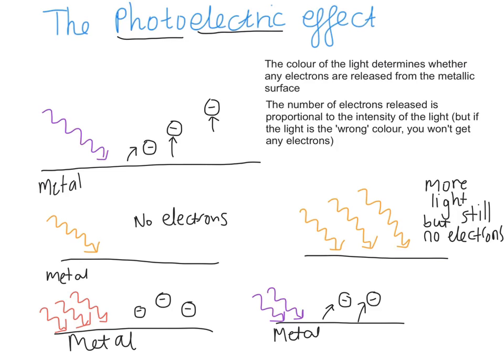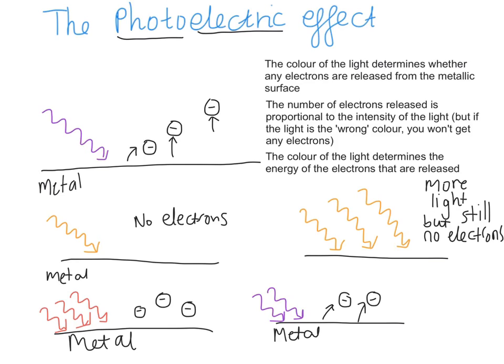And finally, we've seen with just a few of these examples that the colour of the light also affects whether the electrons that are released have any energy or not, whether they're moving. Remember, the electrons that were released with the red light, we just got them. They weren't going anywhere, whereas with the purple light, the electrons were moving. They had some kinetic energy.